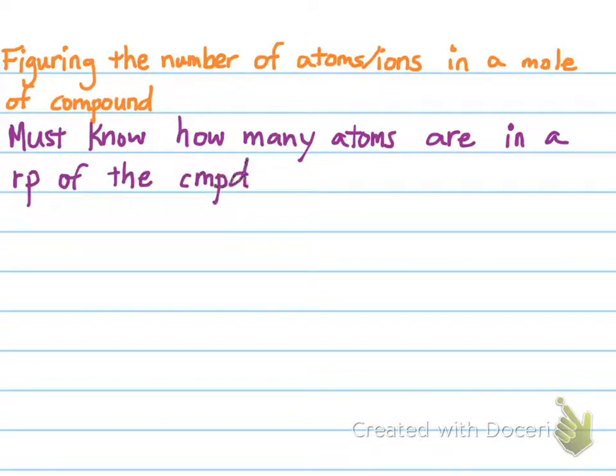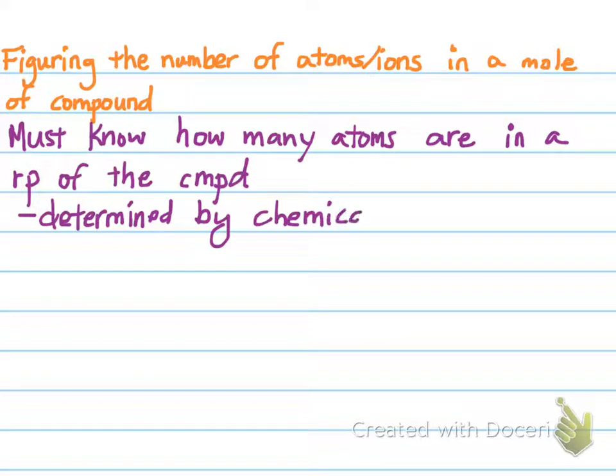Now, that sounds like it might be hard, but that's not as hard as you think it is. That is determined by the chemical formula, which is why it is extremely important that you remember how to correctly write chemical formulas given names.